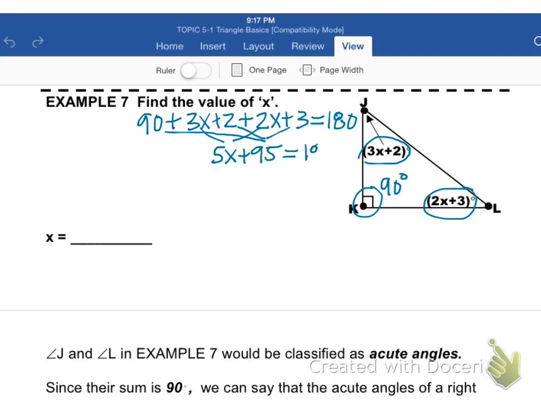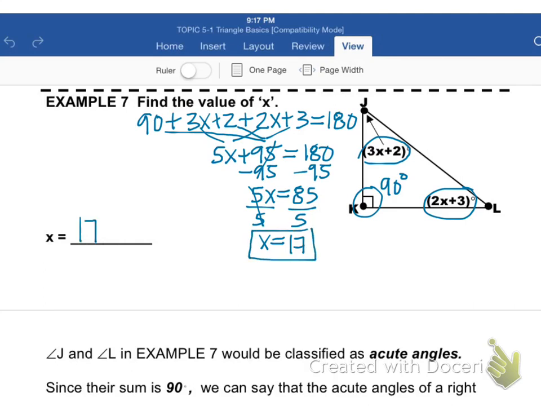And those add to make 180. Subtract 95 on both sides. 5x equals 85. And then when we divide both sides by 5, we get that x has a value of 17.